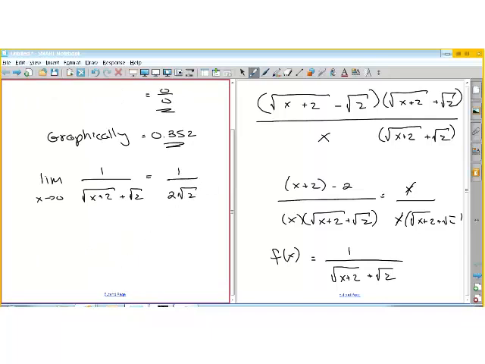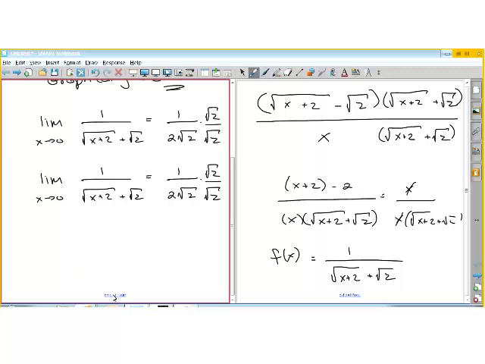And if you wanted to, you could multiply both the numerator and the denominator by the square root of 2, and you'd end up with that. Okay, so multiply this by the square root of 2 divided by the square root of 2. So I get 1 times the square root of 2 is the square root of 2. Square root of 2 times the square root of 2 is 2. So I end up with the square root of 2 over 4.